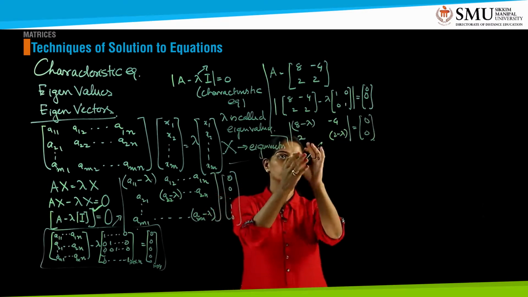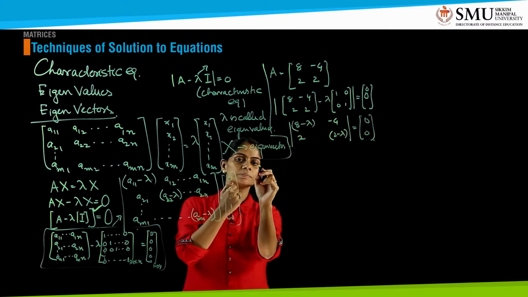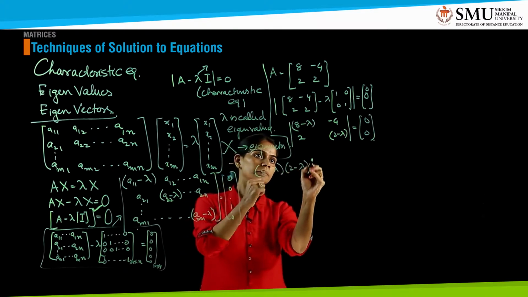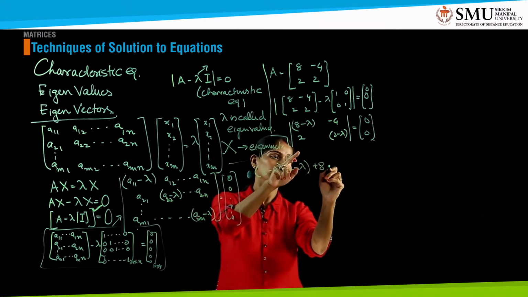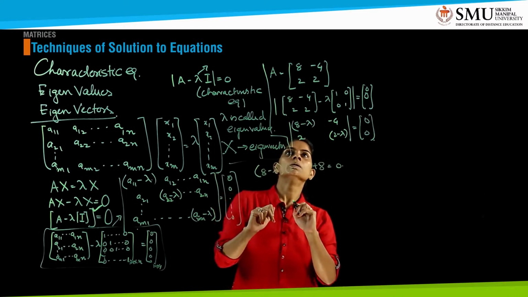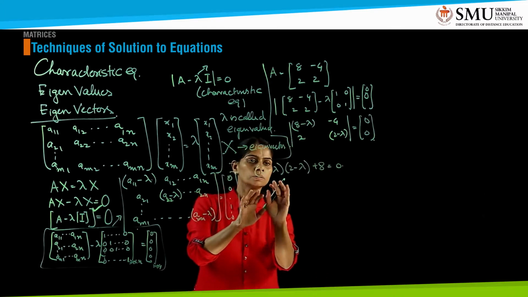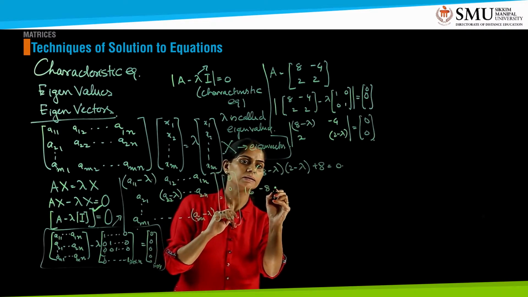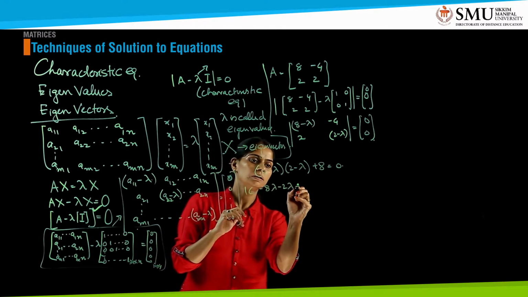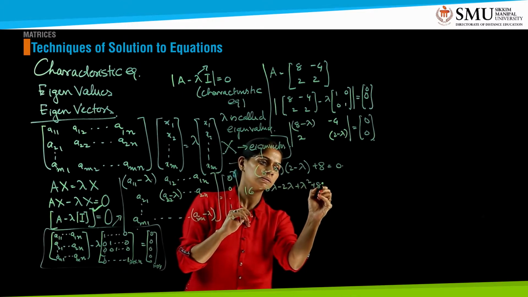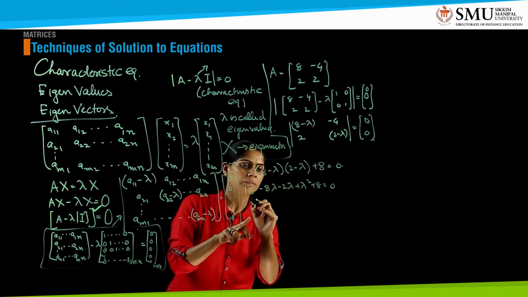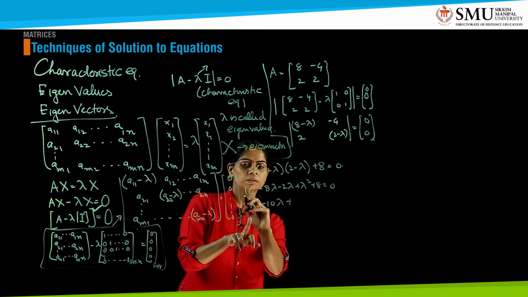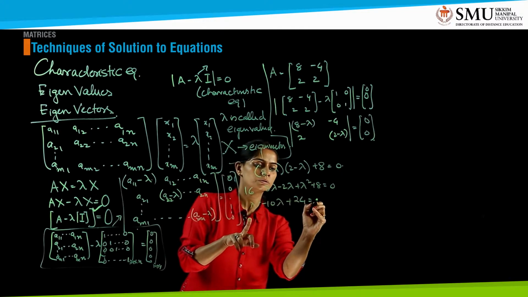If you solve this determinant, it becomes (8 minus lambda)(2 minus lambda) plus 8 equals 0. Let us solve this: 16 minus 8 lambda minus 2 lambda plus lambda square plus 8 equals 0, or lambda square minus 10 lambda plus 24 equals 0.